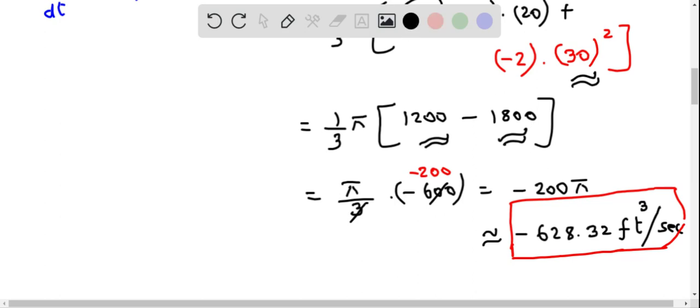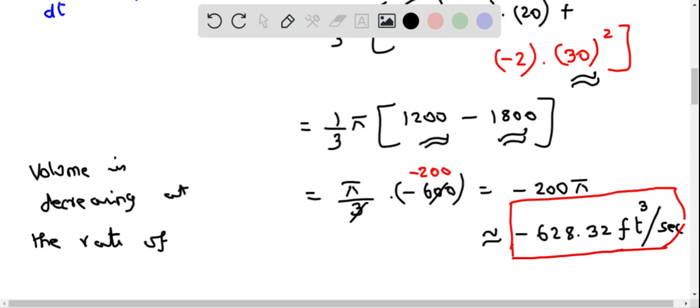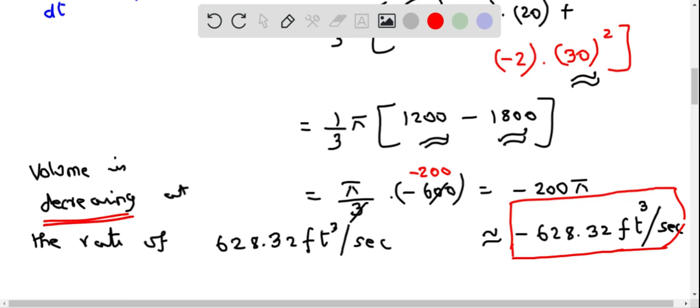So we can mention the volume is decreasing at the rate of 628.32 feet cubed per second. In fact, we ignored the negative because we already mentioned that it is decreasing, so it is quite understandable. We could ignore this when we give the answer like this.